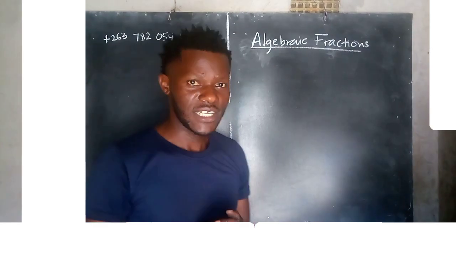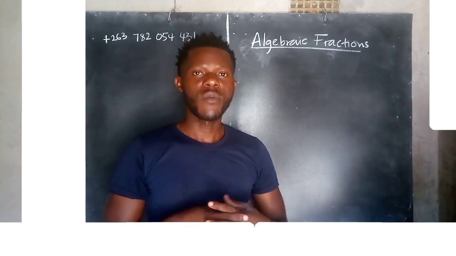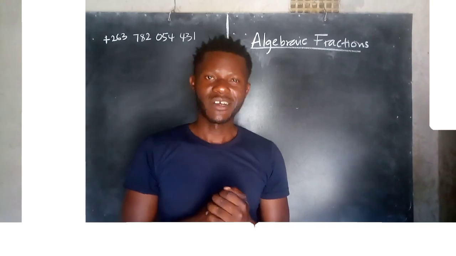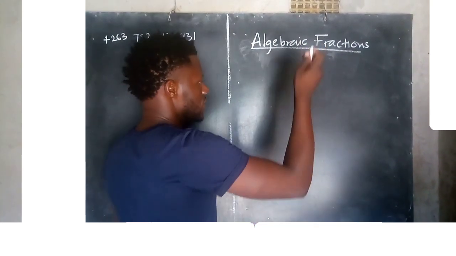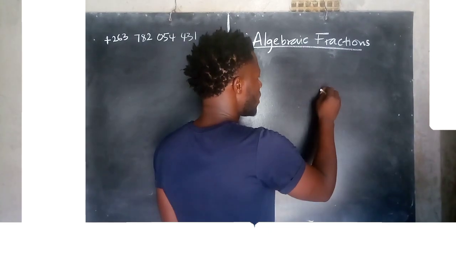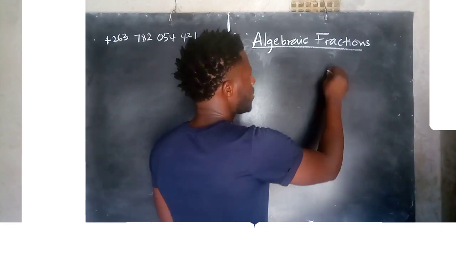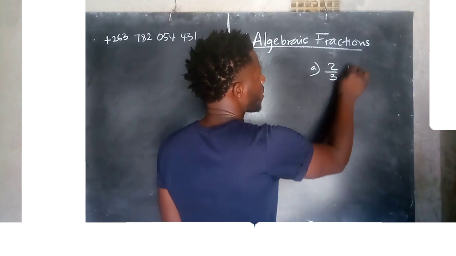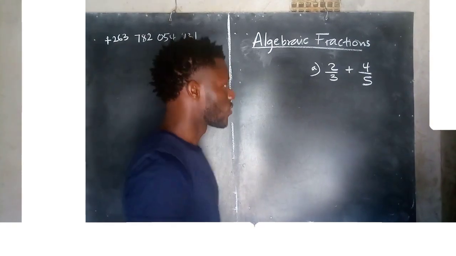So algebraic fractions, they are very simple. The same way we handle common fractions is the same way that we'll be using to handle algebraic fractions. So let's recap by going through common fractions. For instance, we have 2/3 plus 4/5. This is a common fraction.